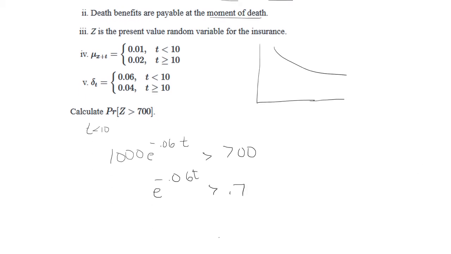Then you would just take the log and get that t is less than 5.94458. Always check that this is part of the interval. We were looking at t less than 10, and yes, we found a number less than 10. So that's the first time it happens.